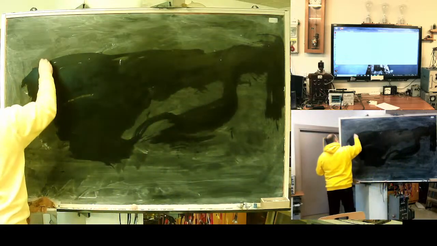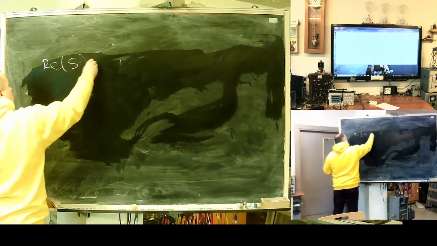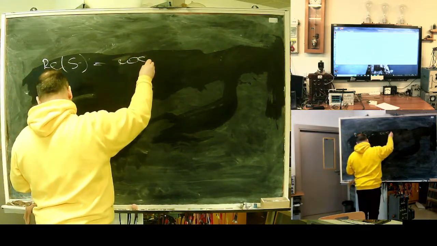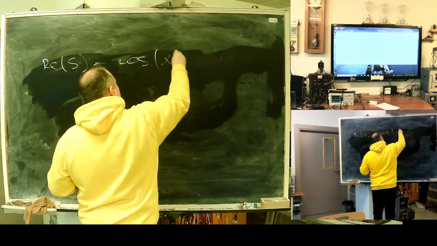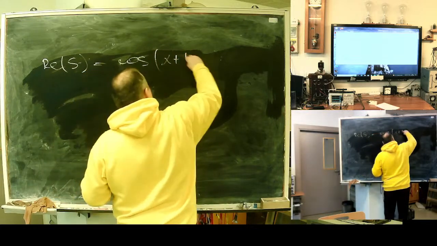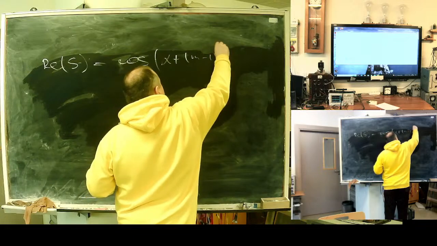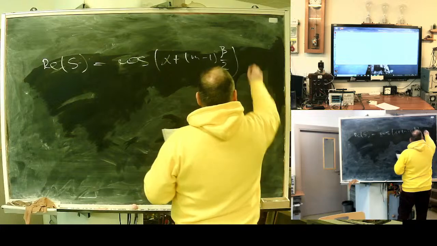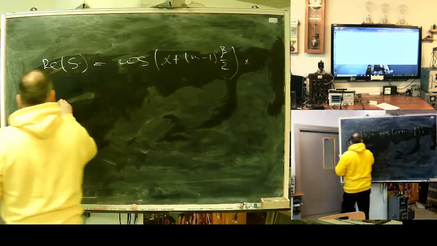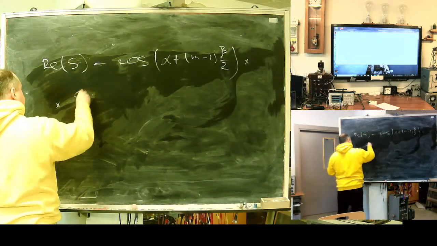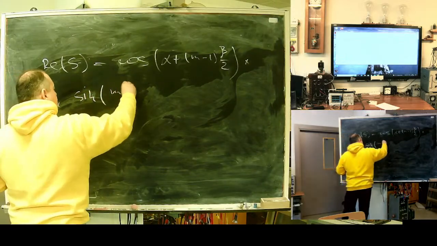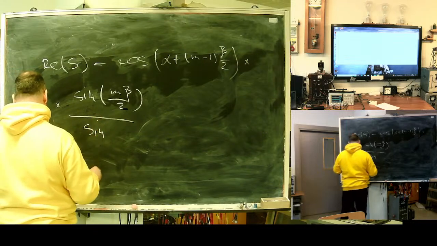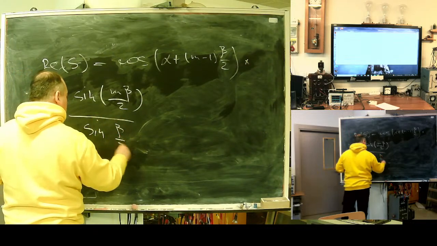So, the real part equals cosine of (α plus (m minus 1)β/2) multiplied by sine mβ/2 divided by sine β/2.